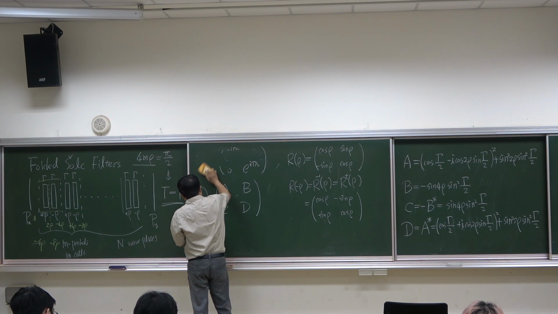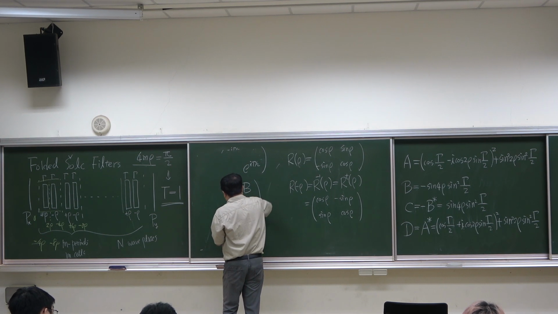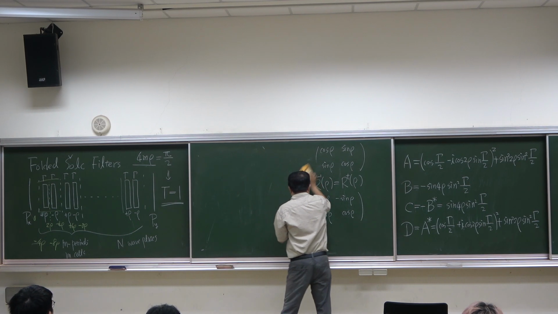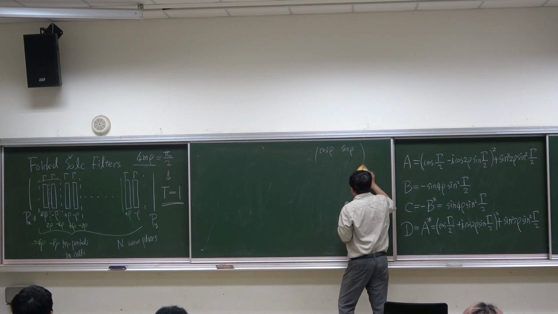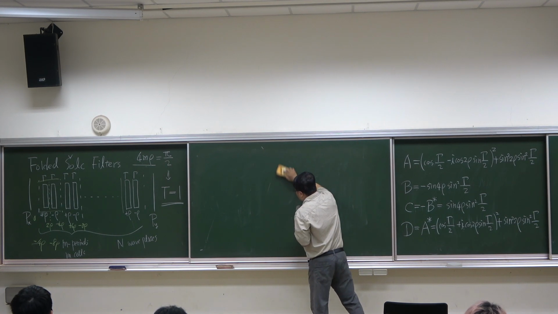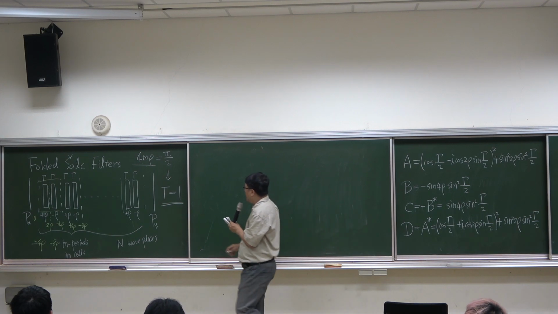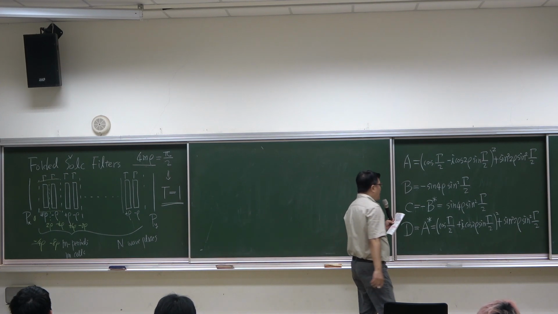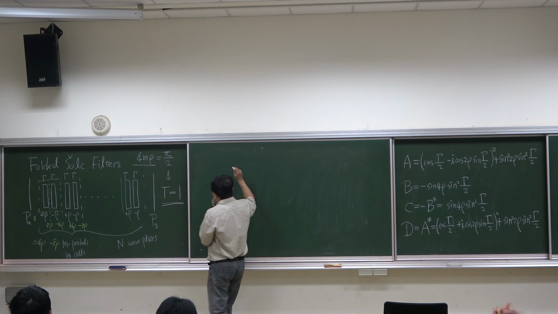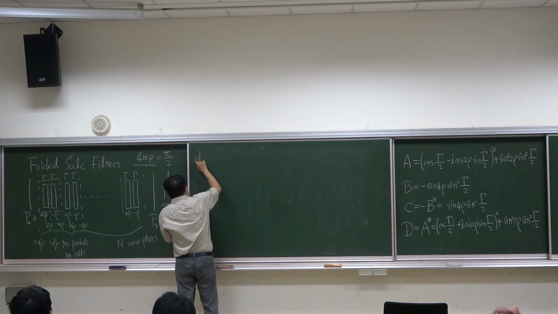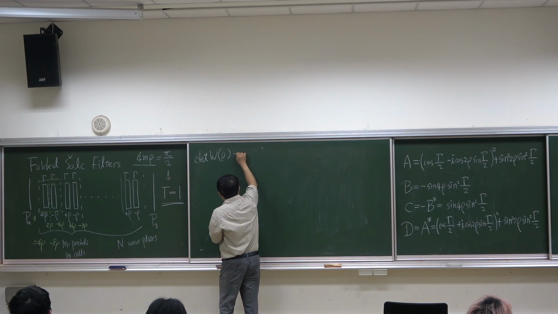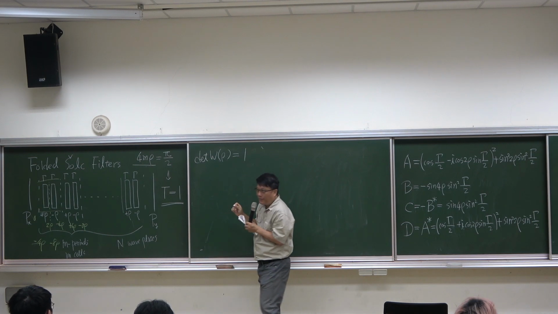Then, now we want to see what is the nth power of the matrix omega. Before we do this, I want to say that we have already learned that the determinant of W rho is equal to 1.